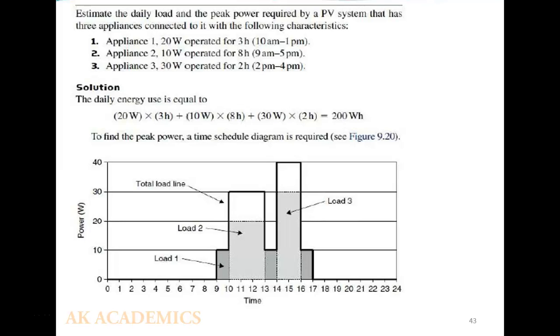The question says, estimate the daily and the peak power required by a PV system that has 3 appliances connected to it with the following characteristics.